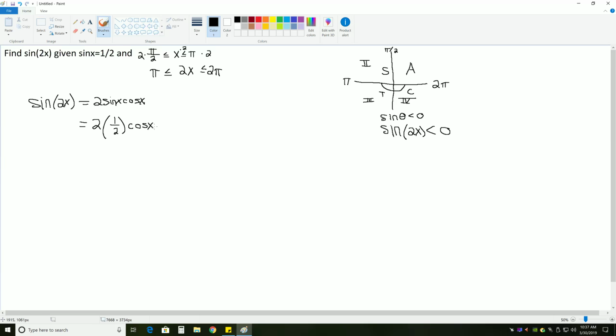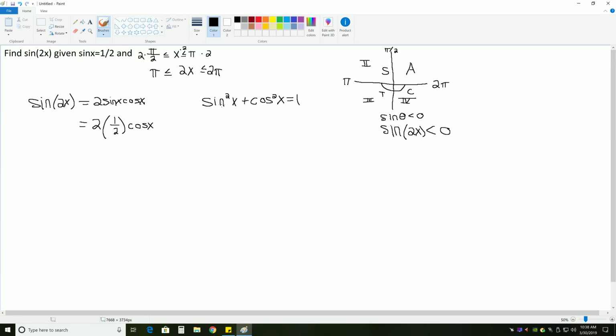But in this case, we don't know cosine of x yet, and we can find it using our Pythagorean identities. Remember our Pythagorean identity? Our most common one is sine squared x plus cosine squared x is equal to 1.